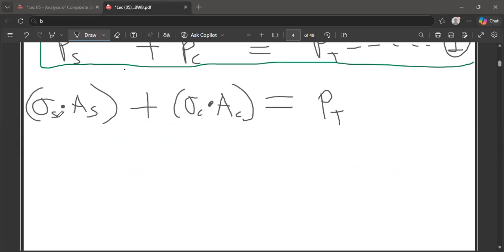We don't know the stress, this is still what we are looking for, but the area we know. For the area of the steel we had 490, so let's put it in place of this.